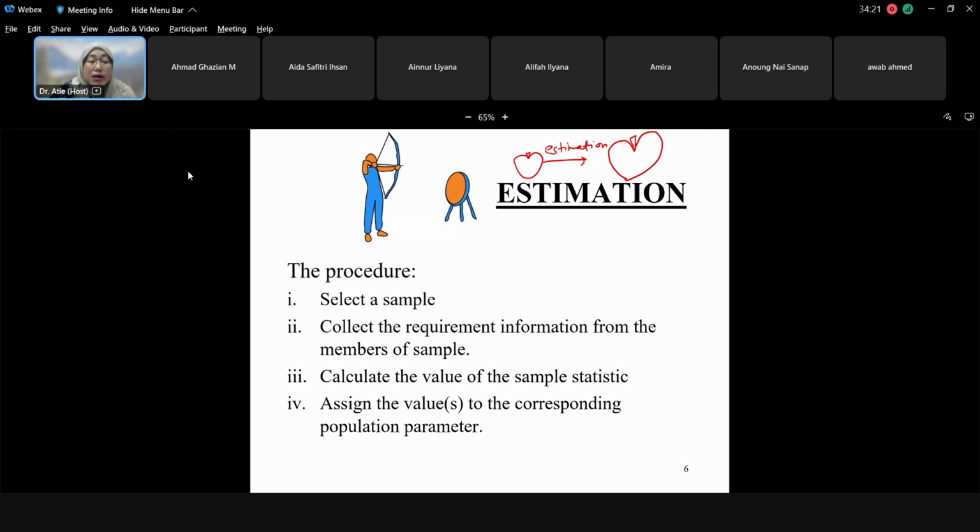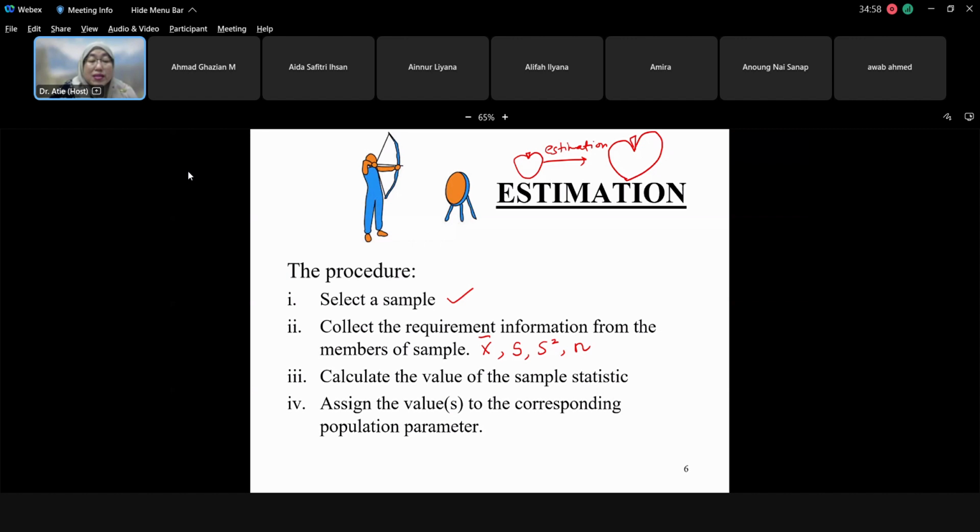So the first thing we need to do in order to do this estimation is to have a sample, because remember, we are doing inferential statistics. Then we need to collect required information from the members of the sample, so we need to get statistics, a lot of information. For example, we need to find the mean of the sample, the standard deviation, the variance, the n, and so on.